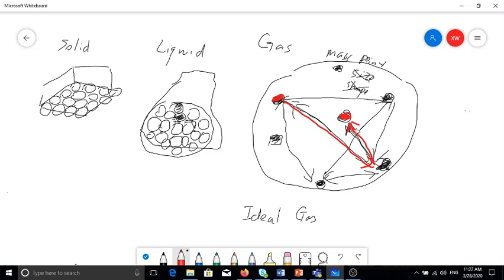Now, when the temperature is really high, temperature means kinetic energy. Kinetic energy is also positively correlated to speed or velocity. In other words, the faster these molecules travel around, the higher the temperature is.